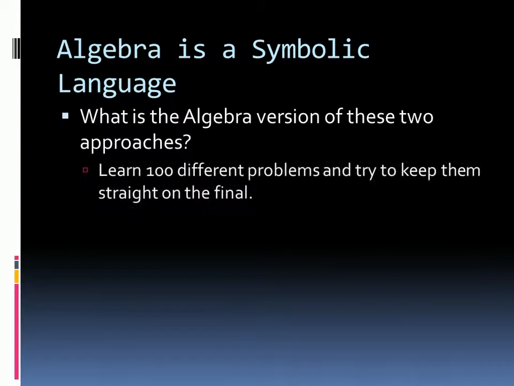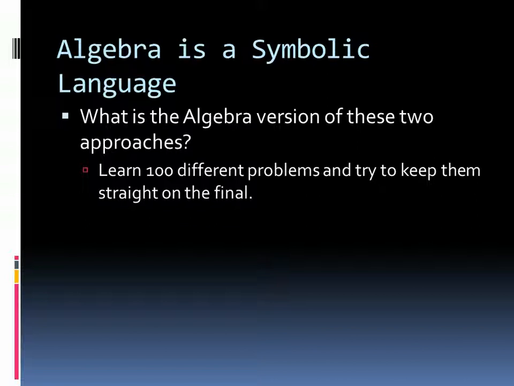The first approach, like learning a bunch of phrases, is that people want to memorize how to do a bunch of different problem types. They'll think of different types of problems that will come up, and they'll memorize them and try to keep them all straight on the final. When you get to quizzes, unfortunately, that works pretty well, because the quizzes only have about 4 or 5 problems.